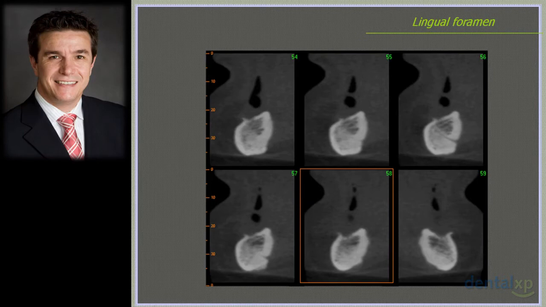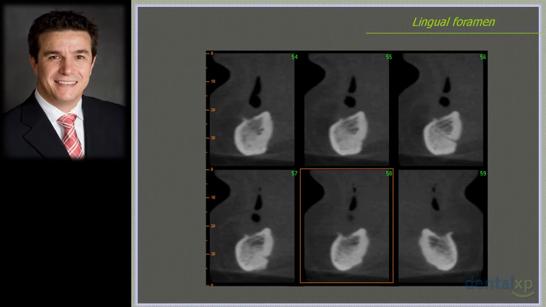And although its normal location is fairly low, if we have considerable atrophy of the alveolar bone, you can see that the lingual vascular canal may be in our way when we're planning for dental implant placement.